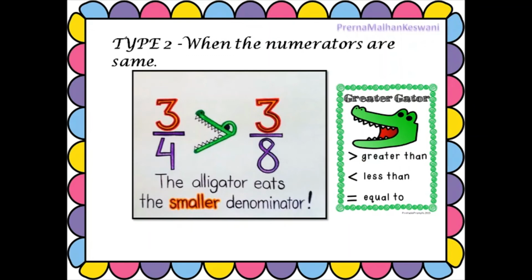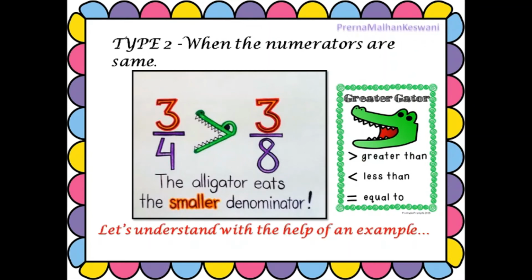Here, kids, 3 and 3, the numerators are same, but the denominators are different. Here, what will happen? You will see that the alligator will eat the smaller denominator. But how did this happen? We will check with the help of few examples.